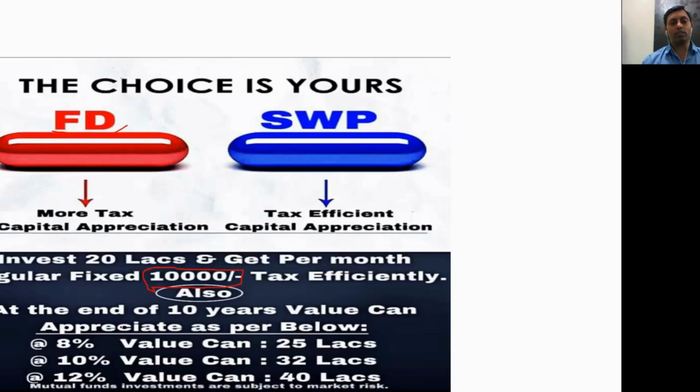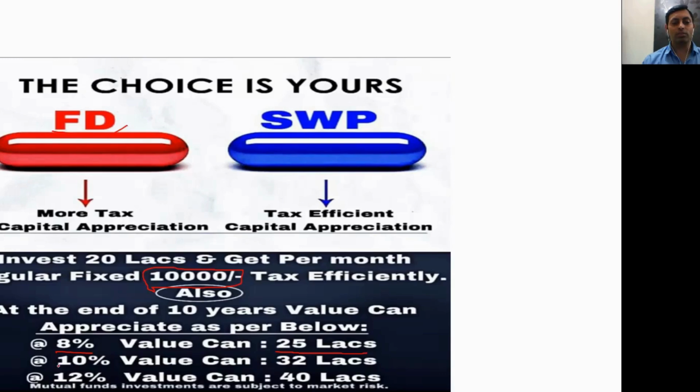Suppose I keep the same amount for 10 years, what returns am I going to get? Suppose I'm getting an 8% CAGR, my 20 lakhs will finally become 25 lakhs, in addition to the monthly 10,000 I am getting. So in total, 12 lakhs I'm getting for 10 years.